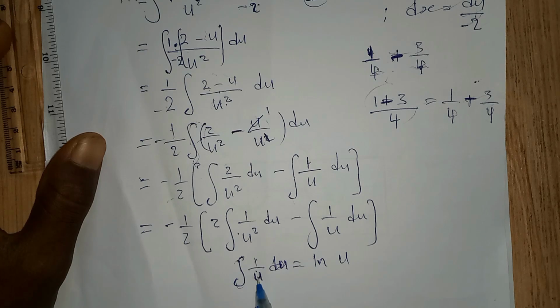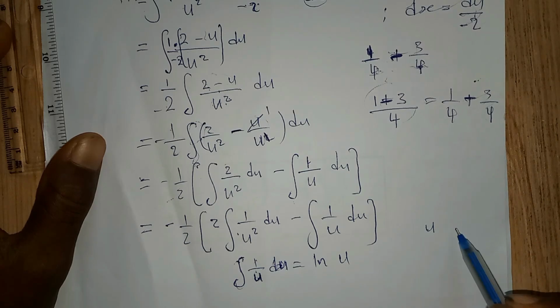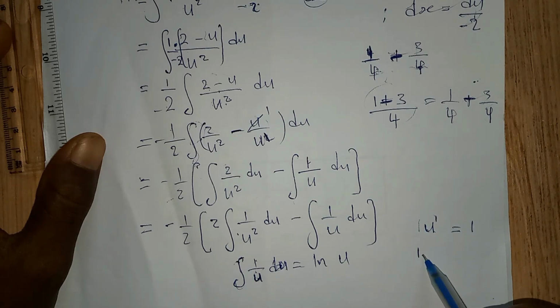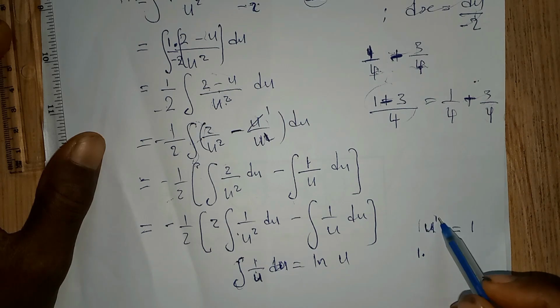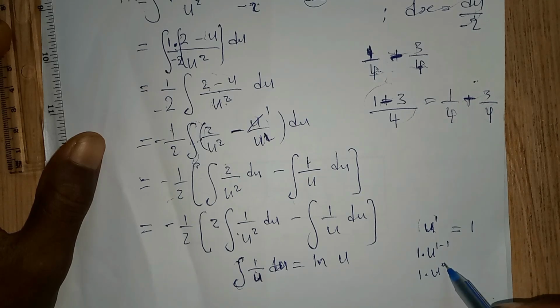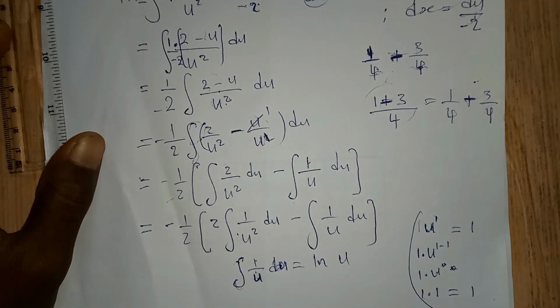In this case, if you differentiate u, you get what? 1, because u has a power of 1. When you bring the 1 down, you have 1 from the general method of differentiation. Then subtract the power by 1, 1 minus 1, you have 1 times u raised to the power 0, and anything raised to the power 0 is 1. Then 1 times 1 will be 1. So that's that.